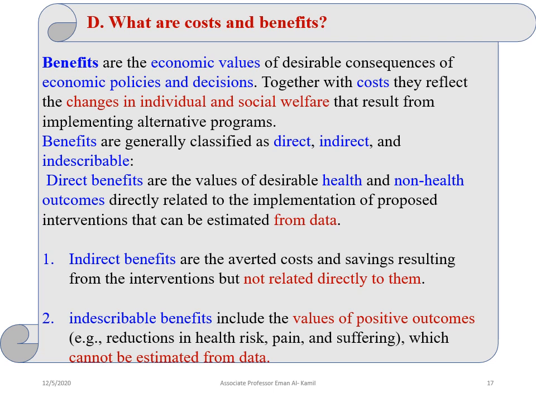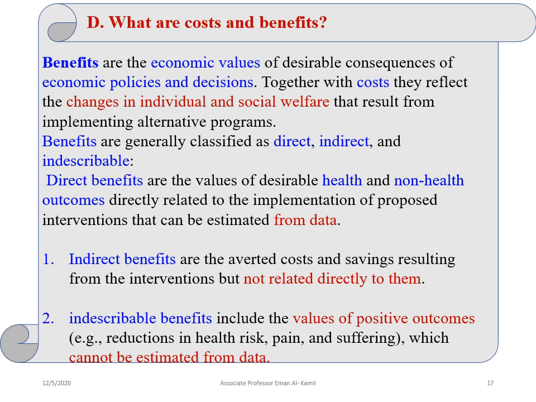Together with the cost, they reflect the changes in individual and social welfare that result from implementing alternative programs. So the benefit is the economic value, the financial benefit from implementing any program, from using a certain cost, to produce the individual and social welfare of the people.